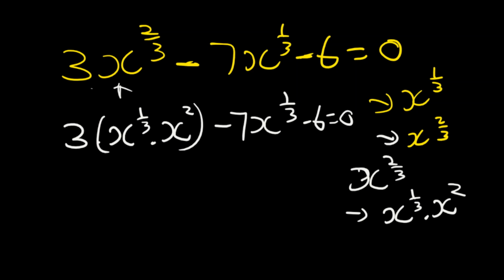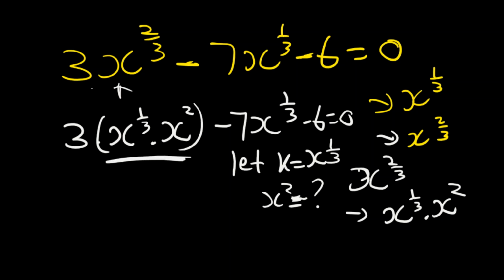Obviously, it's a bit tricky here because as we said earlier, k is equal to x to the power of 1 over 3, then what is x to the power of 2? We don't know. What is x to the power of 2? Hence, I would say, instead of simplifying it like this, simply take out these two as a power, right? What do I mean by that?